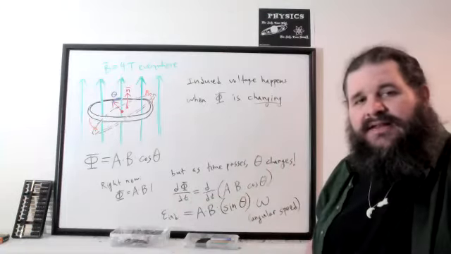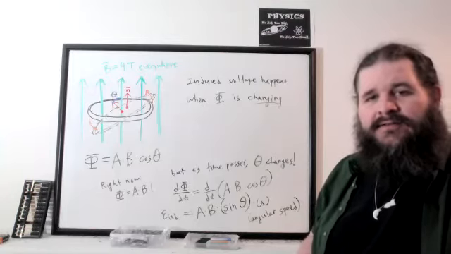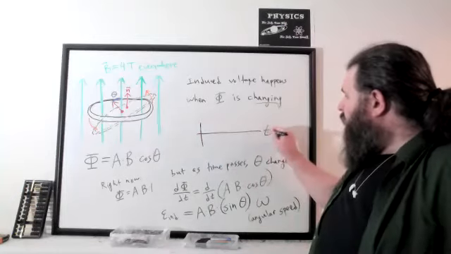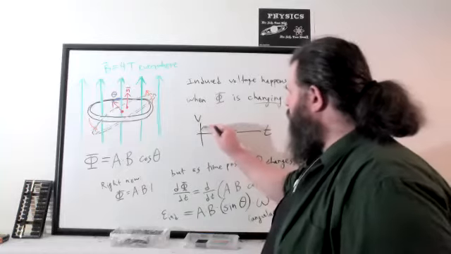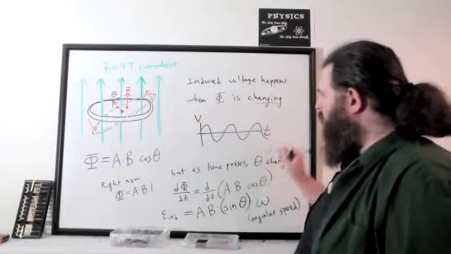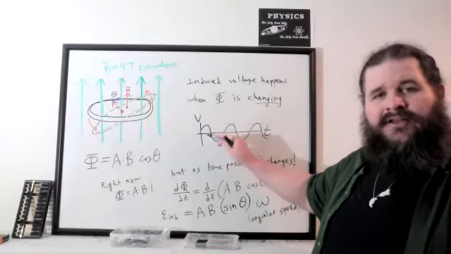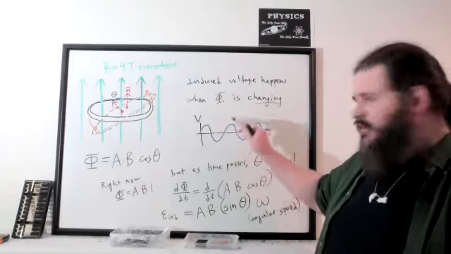So this naturally leads to AC current, alternating current. Alternating in the sense that if you make a graph of time versus voltage, you're going to get a sine wave. Sometimes you get large voltage in one direction, then no voltage at all, then large voltage in the opposite direction, then no voltage at all.